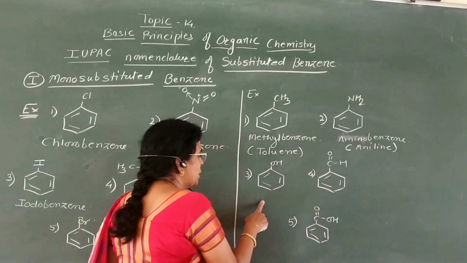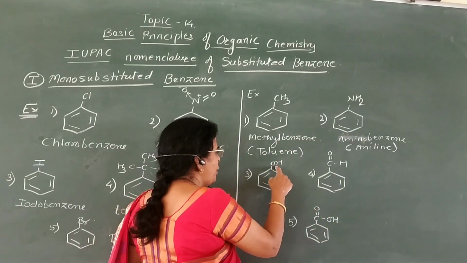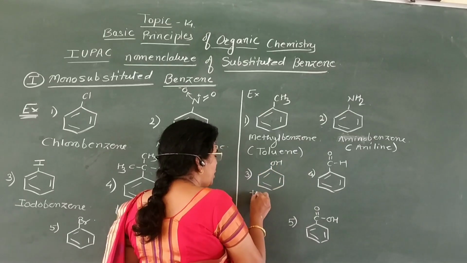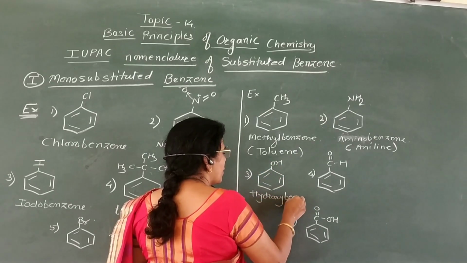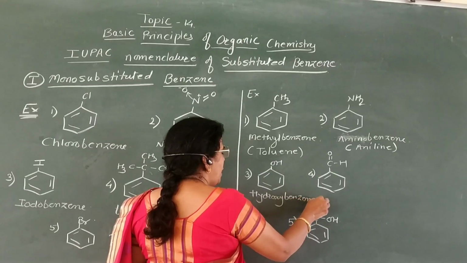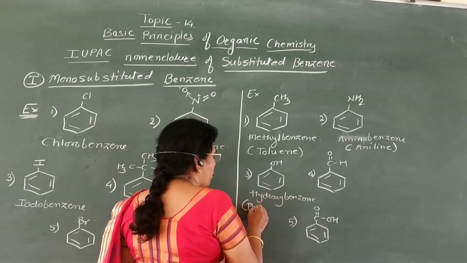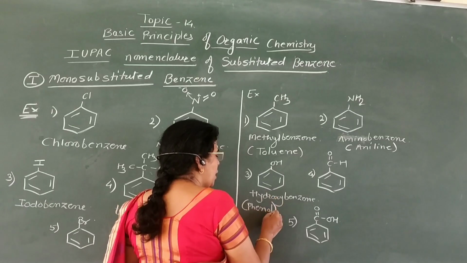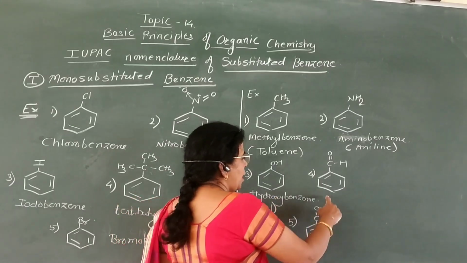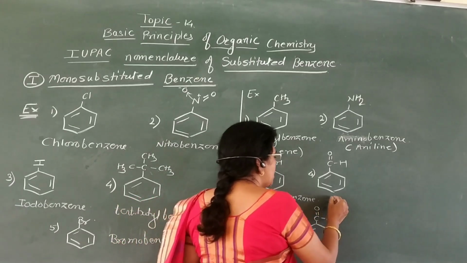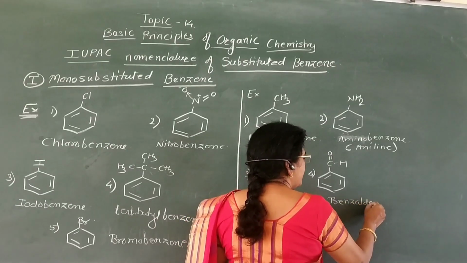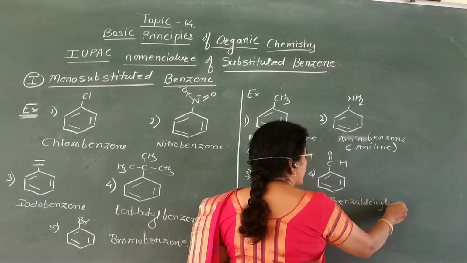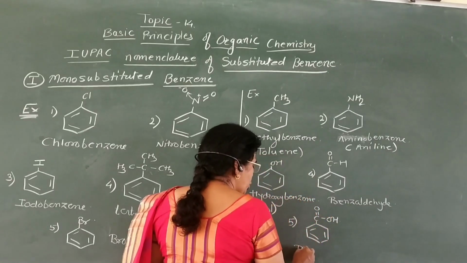Now here the benzene ring is bonded to a hydroxy group, therefore it is hydroxybenzene. But the trivial or common name of this compound is phenol. Now the name of this compound is benzaldehyde, and this is benzoic acid.